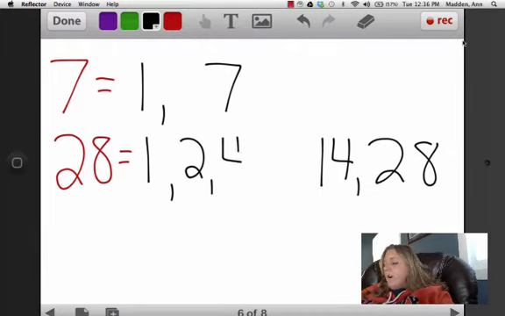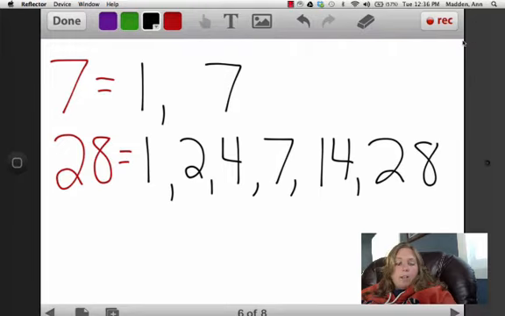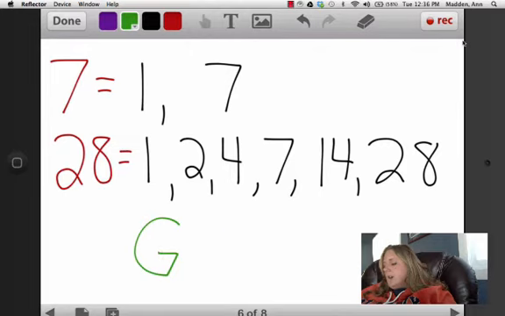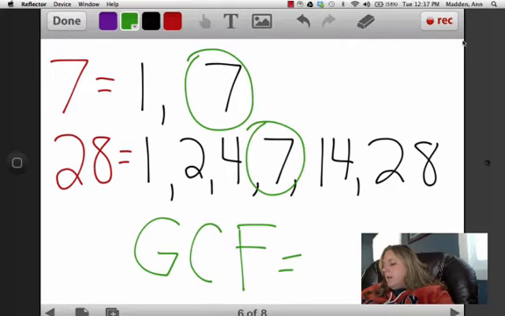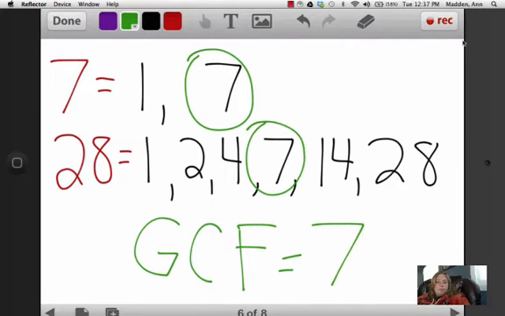But there is a 4. 4 times 7 is 28. 5, nope. 6 doesn't work either. And I already have my 7, and I've continued on up. Let's find the greatest common factor between the two. Looks like it would be 7.